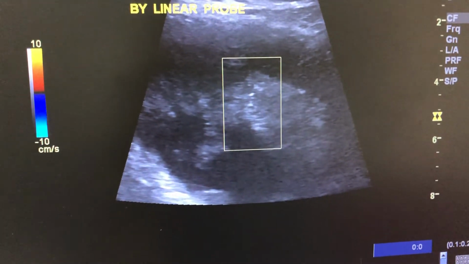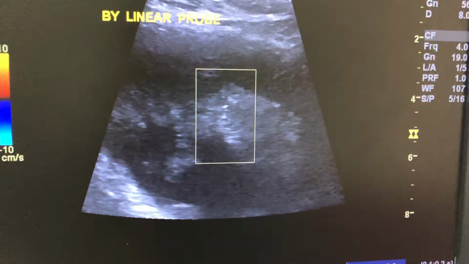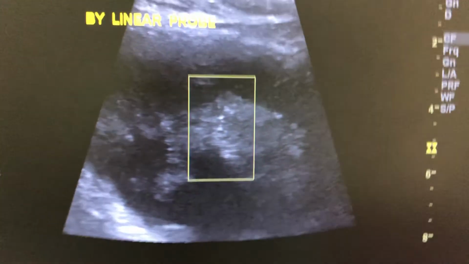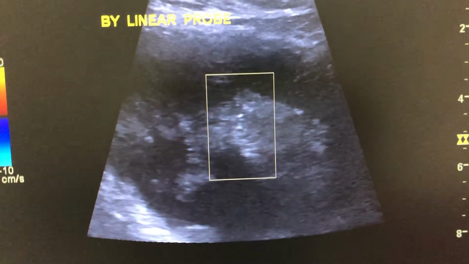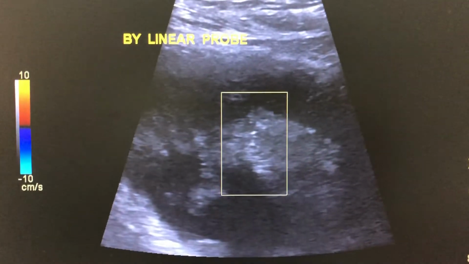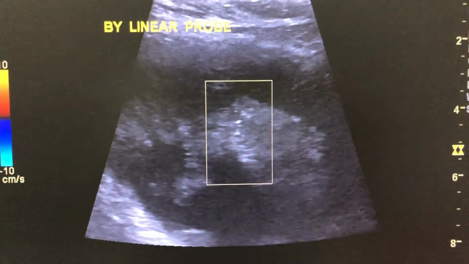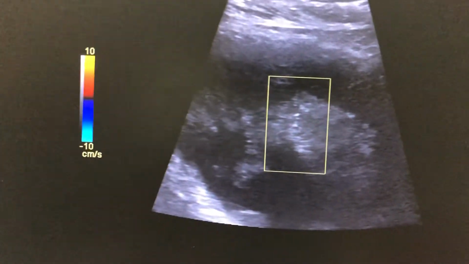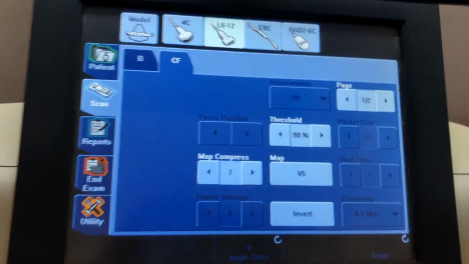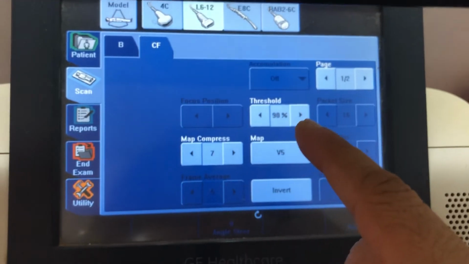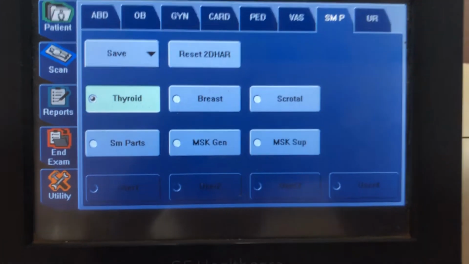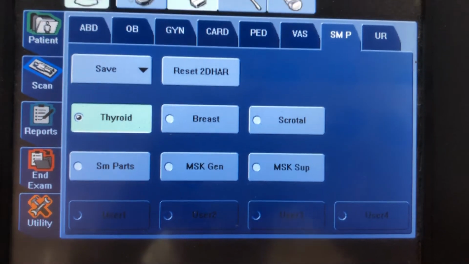It was more clear, but sometimes we have to keep the appropriate setting. For example, if you want to know the vascularity, then you have to keep the vascular setting. Then you can see the blood flow better than with the other settings.